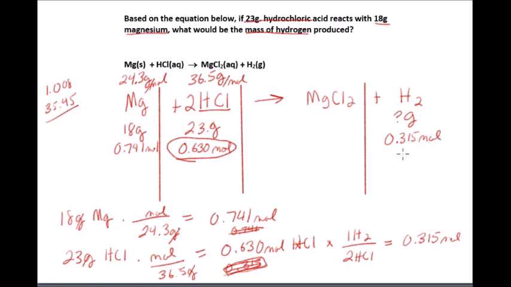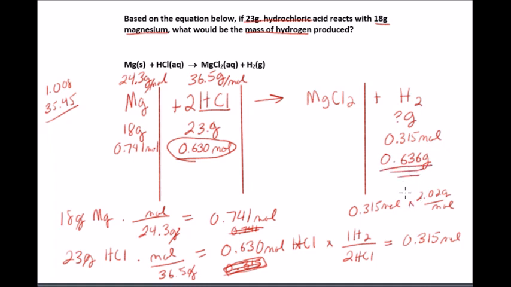Okay, the problem wanted it in grams, so basically if I just take 0.315 moles, that's going to give me a final answer of 0.636 grams of hydrogen, and that is your answer.